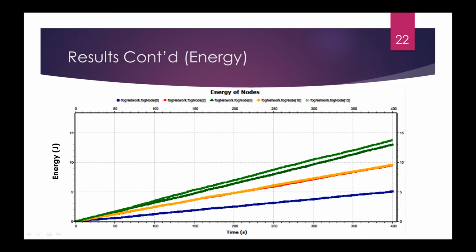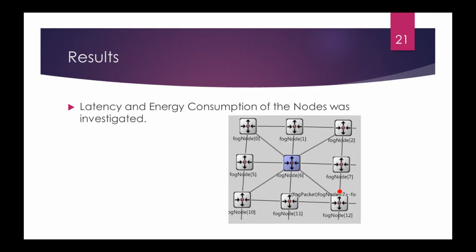But you can see that node 12 has more energy consumption than other non-IDS nodes because it's in the center of the network, and therefore it gets involved in forwarding packets to their destination as often.